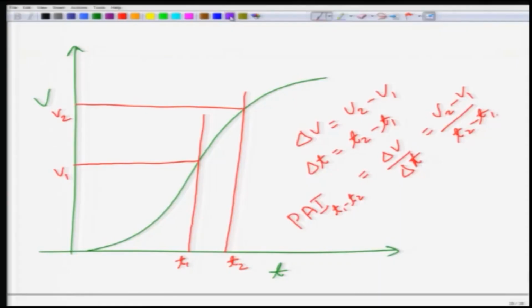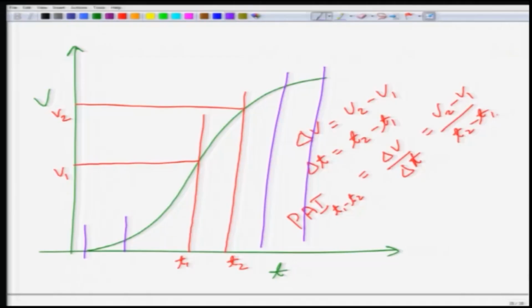Now, this PAI will be different depending on T1 and T2. If you took these 2 years in the beginning versus in the middle versus at the end, we will find that the PAI is very little in the beginning, it is very little in the end, and it is more in the center.